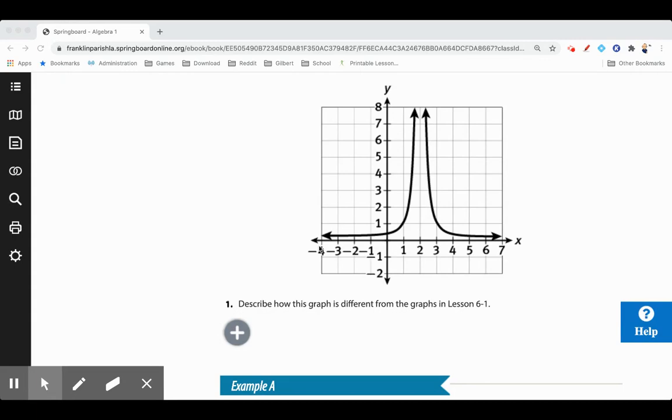We can see that in our x's, it's going on forever into infinity. It's going on forever into negative infinity. The only kind of problem we see is that for some reason it's not ever going to cover 2.